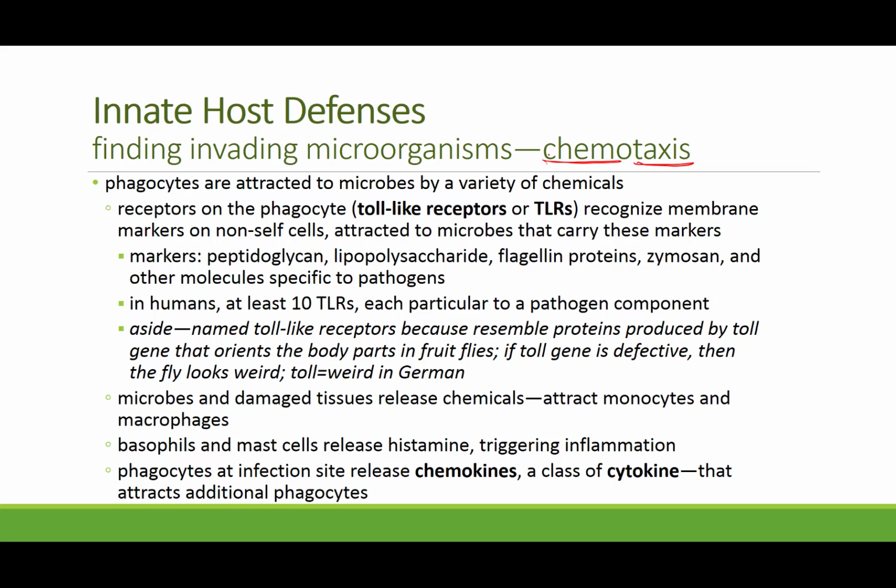So one way that phagocytes are able to find these non-self things, and when I say non-self, I mean a chemical that was made by some other organism than that individual's body, is through the use of what are called toll-like receptors, or TLRs.